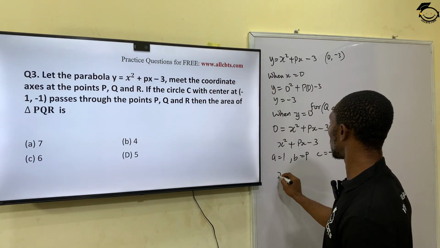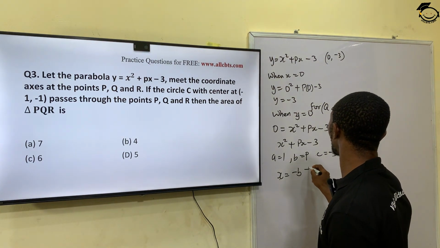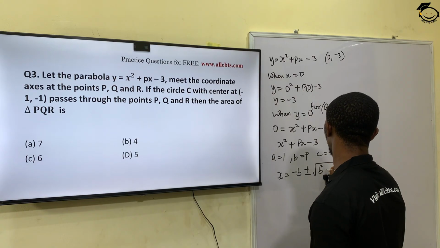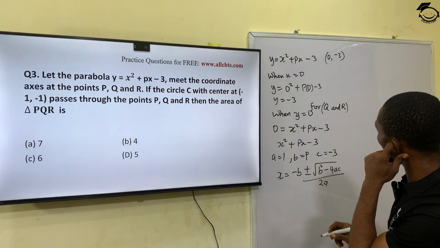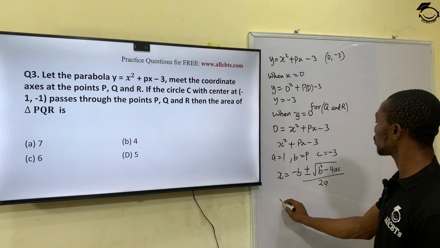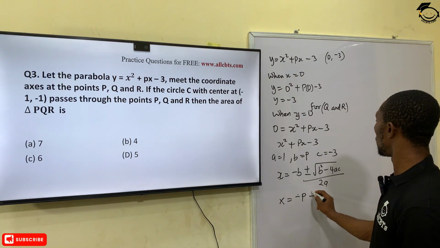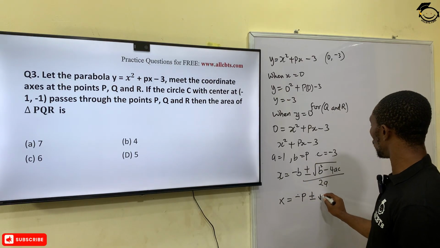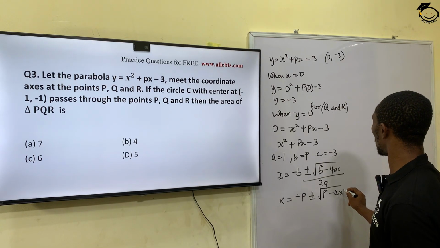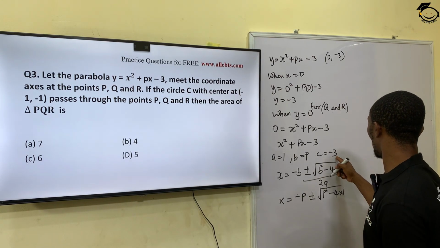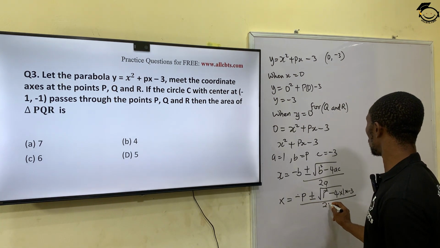Now, our formula says x equals minus B plus minus root B squared minus 4AC all over 2A. So here we'll be having it as our x would be, our B is minus P plus minus root P squared minus 4 times 1, our C is minus 3, all over 2 times 1.